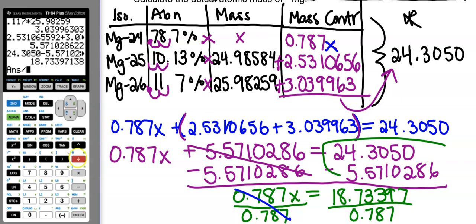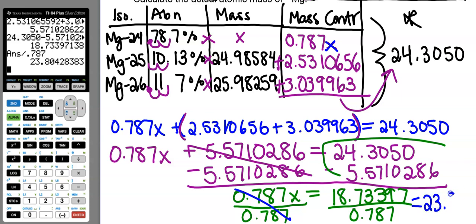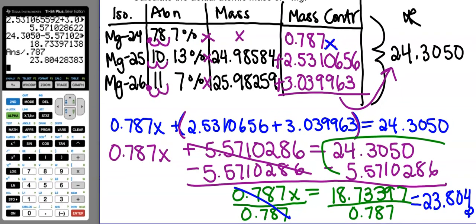So 18.73 divided by 0.787. And that gives us 23.80428. We're kind of running out of room here.